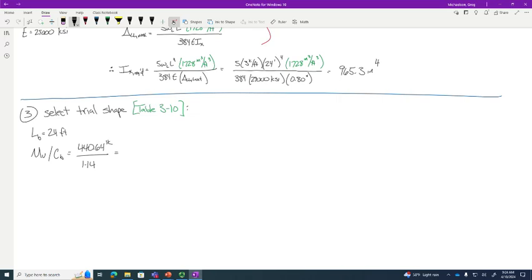So what do we got? 386.5. So that's what we're going to do. We're going to look into table 3-10 with an x-axis value of 24 feet and a y-axis value of that.